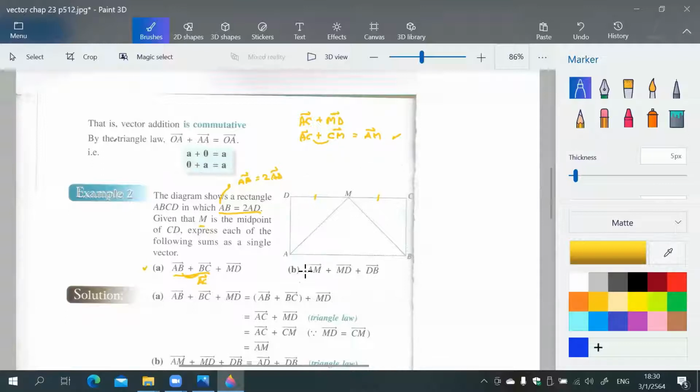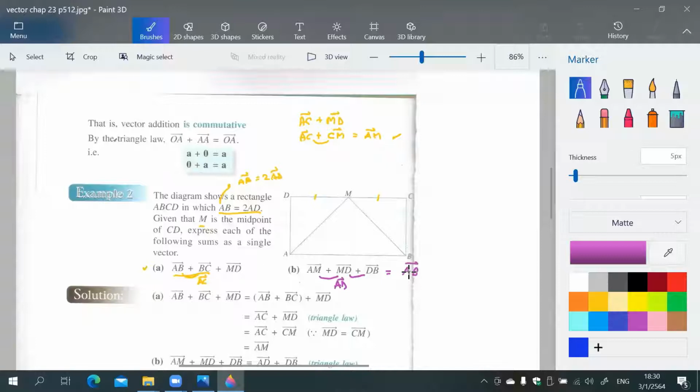Now we do question B. Vector AM plus vector MD plus DB. This one is really easy, everyone sees M, so we get AD, and D, so now the final is AB. You see the common points M and D, then you get AB.